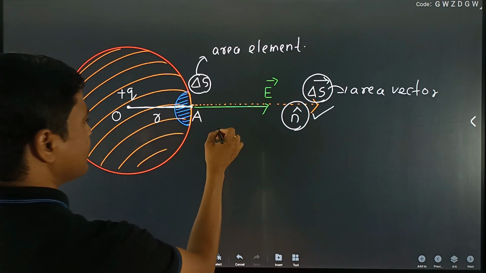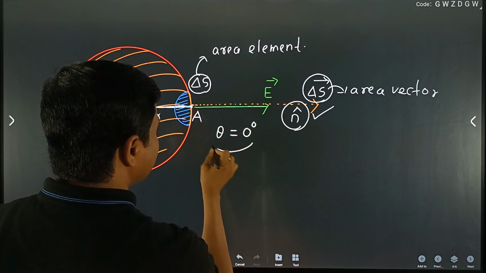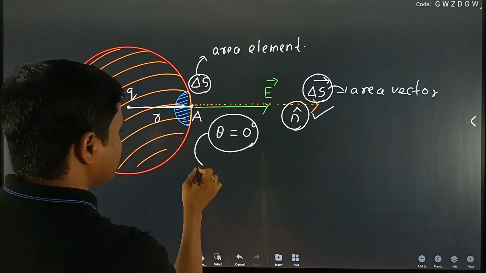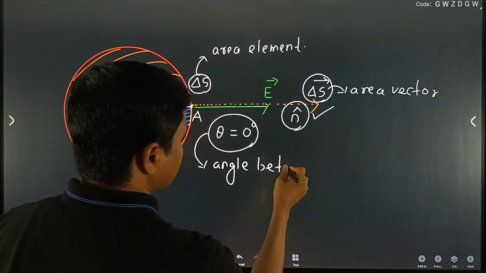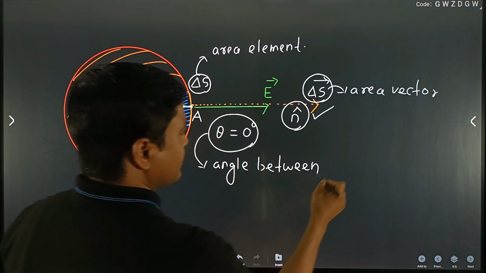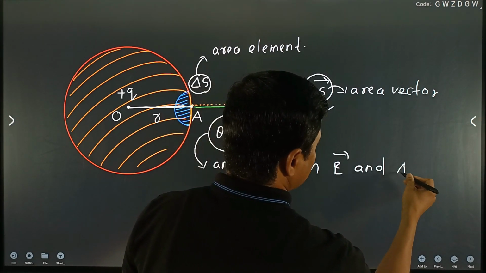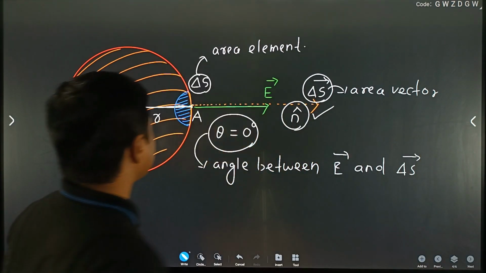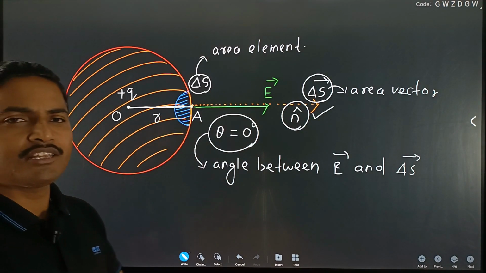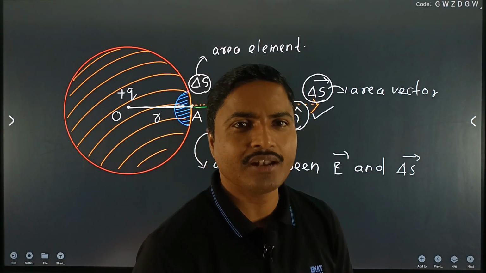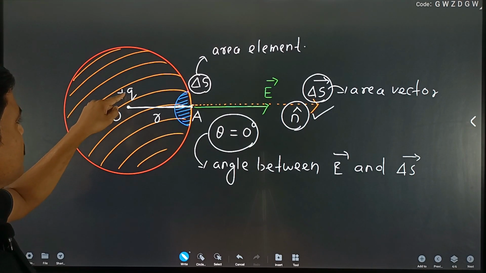Parallel to each other means the angle between E vector and area vector is 0 degree. Clear? Then at point A, what is the magnitude of the electric field, because the charge is at point O. This is a point charge, plus Q.